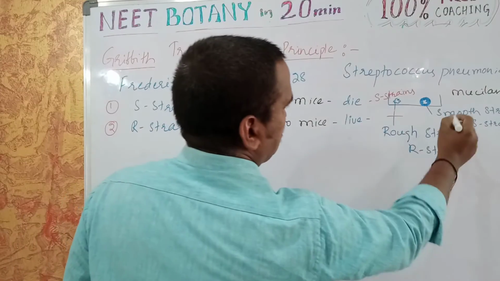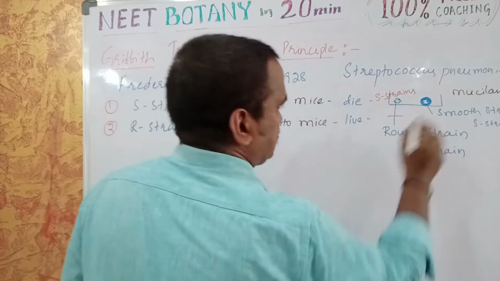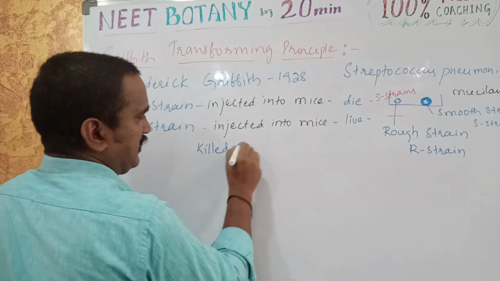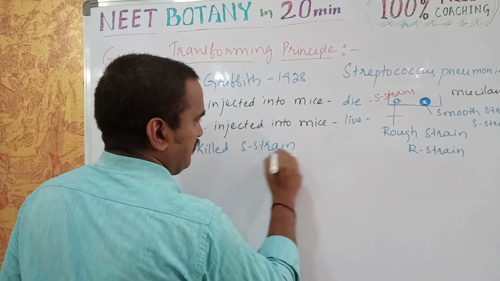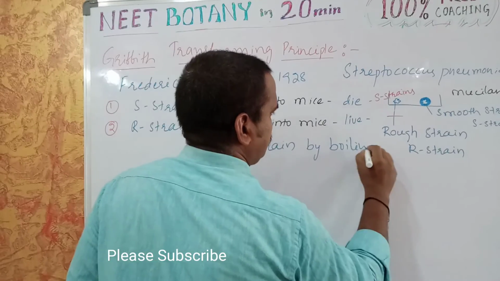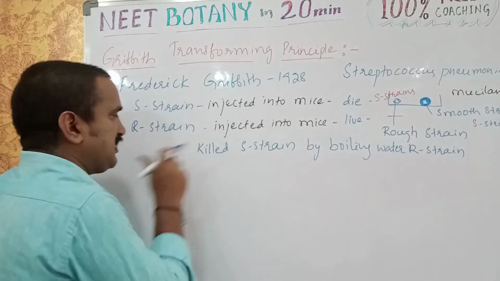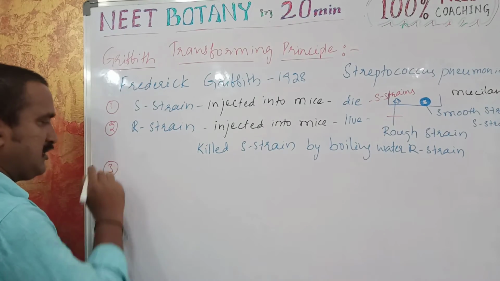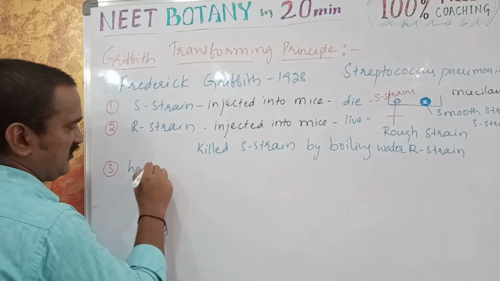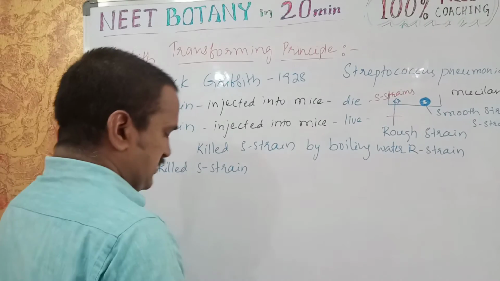Now they killed the S strain by boiling water, that is, by heating. So in the third experiment, they took the heat-killed S strain and injected it into mice.